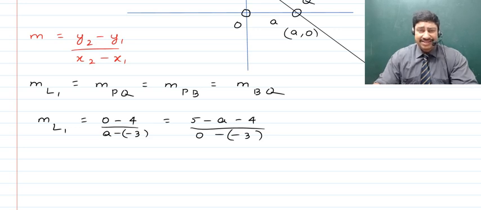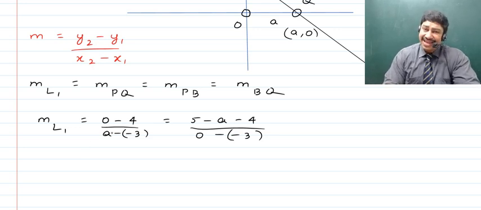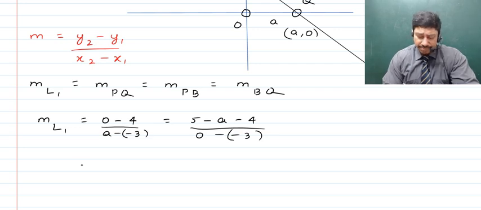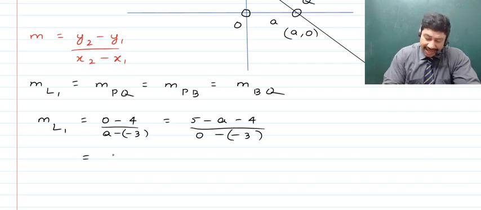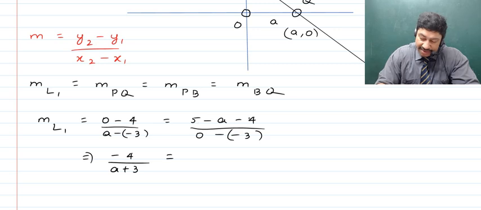So we can very easily find it out, and after we have A, very easily we can even find out B. So this can further be written as minus 4, which is divided by A plus 3, and that can further be written as 5 minus 4 is 1, so it will become 1 minus A, and in the denominator we have 0 minus minus 3, that means it will become equal to 3.